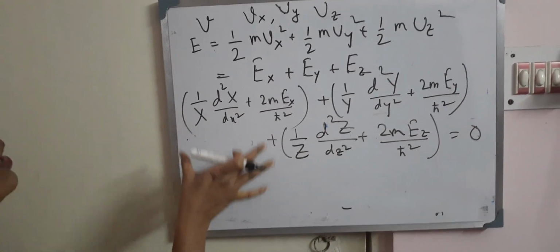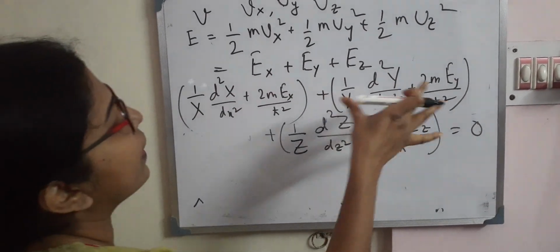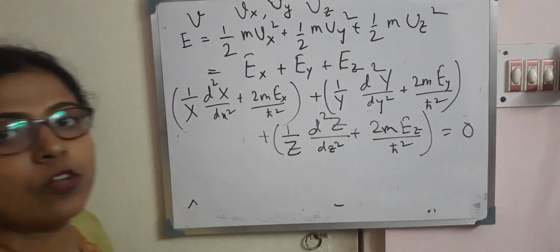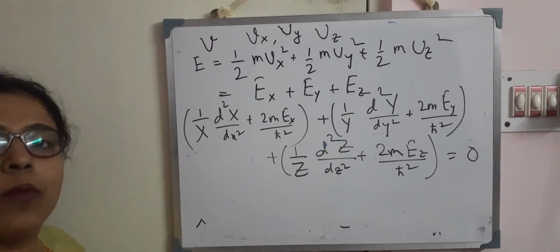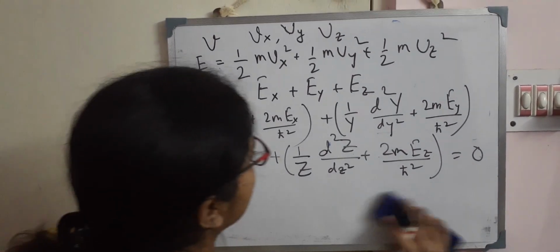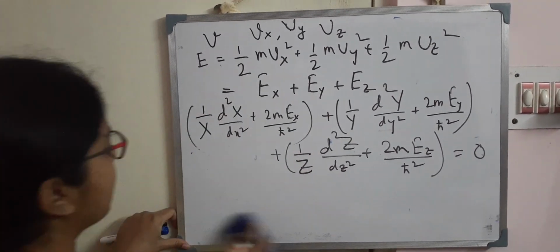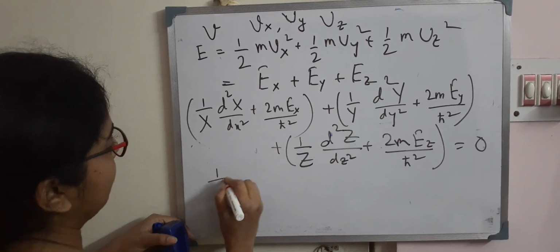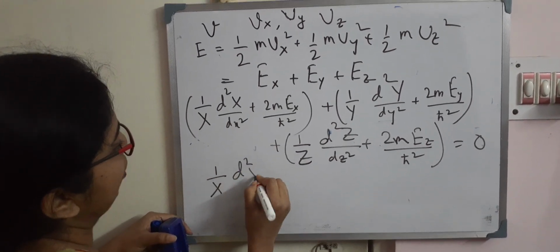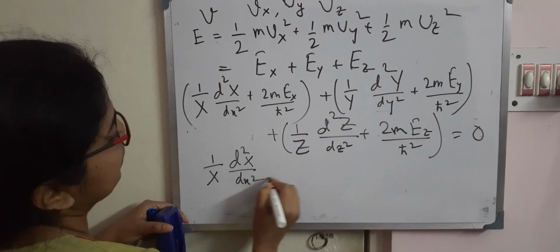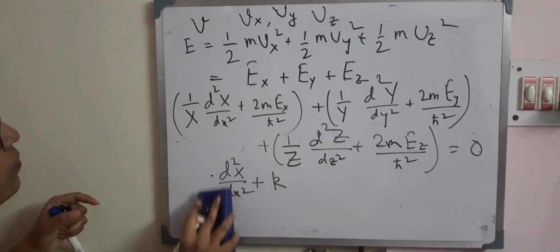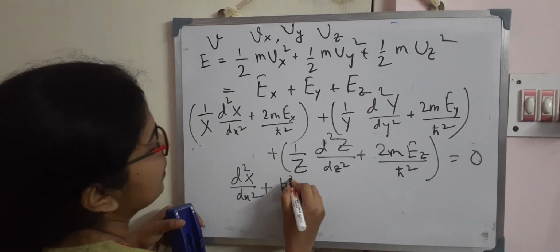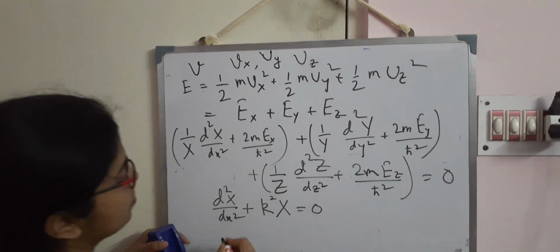So a function of x plus a function of y plus a function of z can be equal to 0 only if each of the three functions is separately equal to 0. So from here, we can write down the three equations separately. One depending on x only. I can write this constant as plus k square, so x double prime plus k1 square x equal to 0.